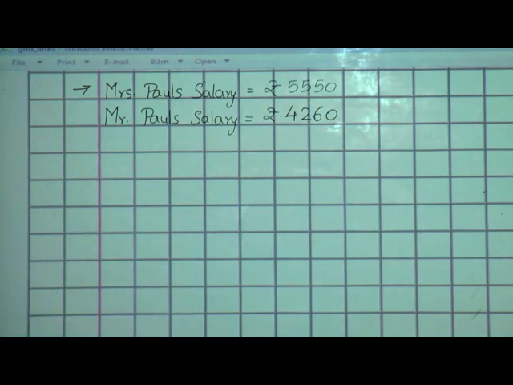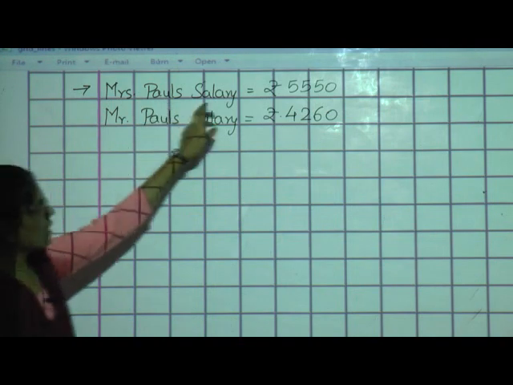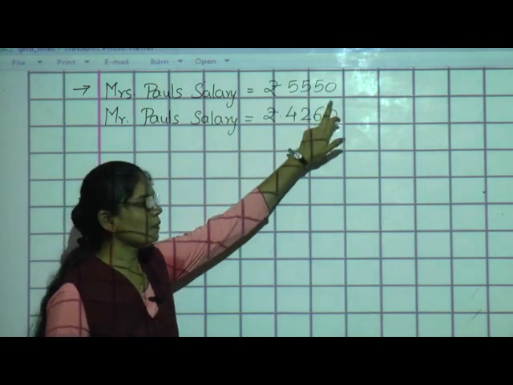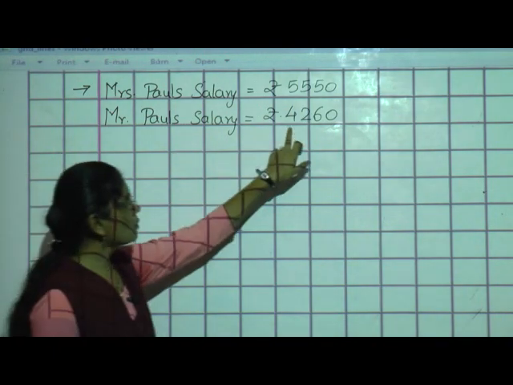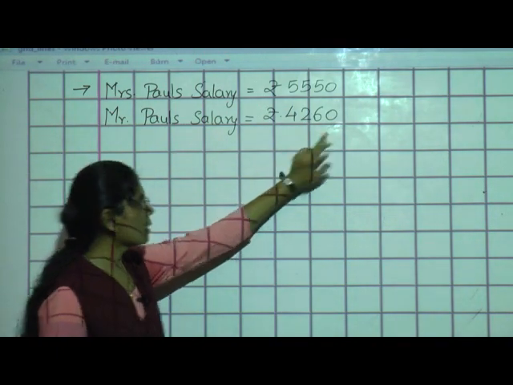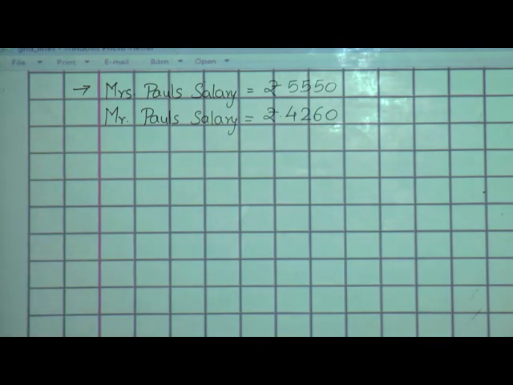How much do they earn together? See, Mr. Paul's salary is rupees 5550 per month and Mrs. Paul's salary is rupees 4260 per month, and the question is how much they earn together.